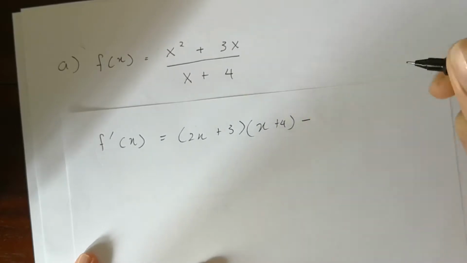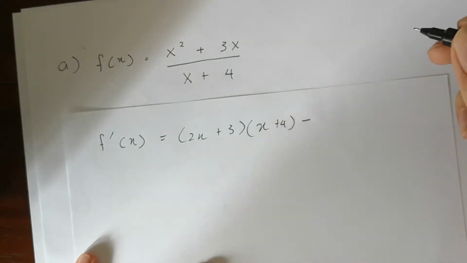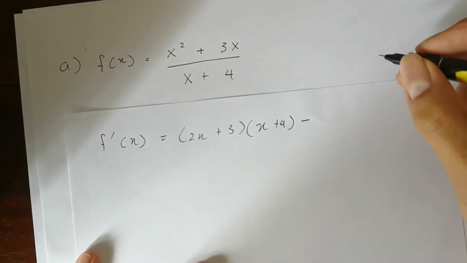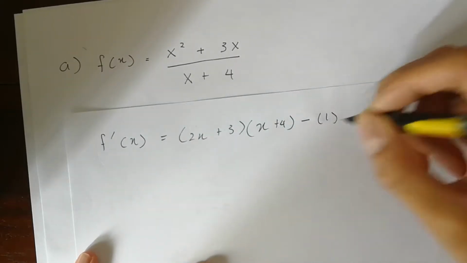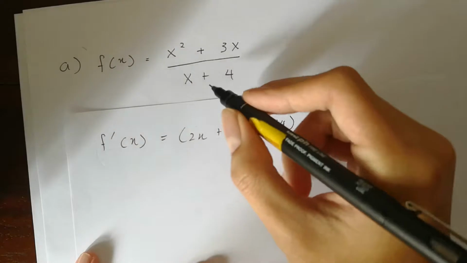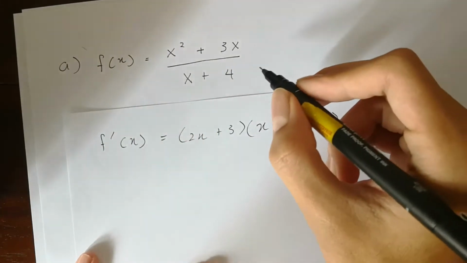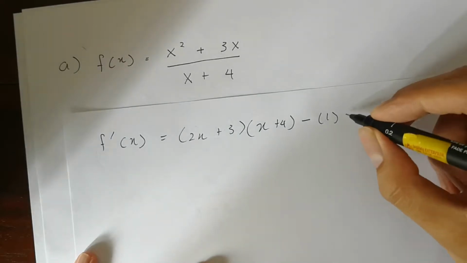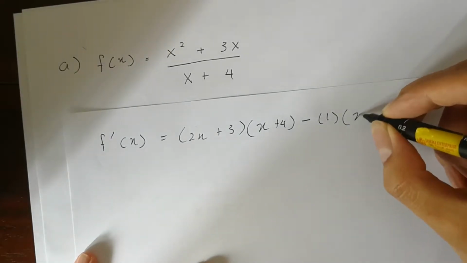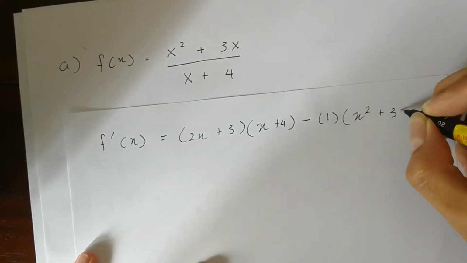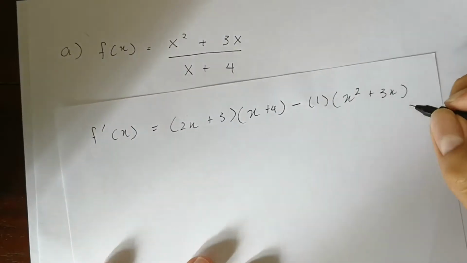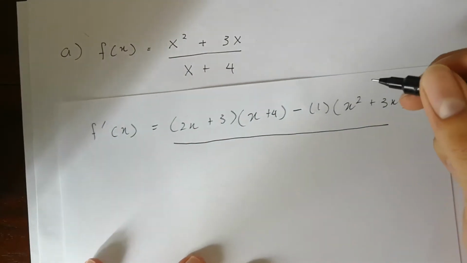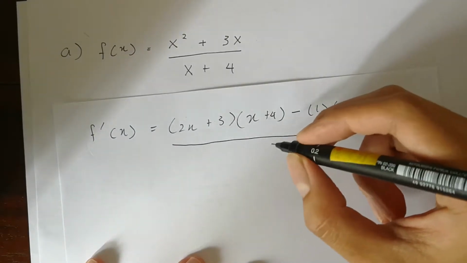Then minus the derivative of the denominator, x plus 4, which will just be 1, because the derivative of x is 1 and the derivative of 4 is 0, and it's times the numerator, which is x squared plus 3x. This will then be divided by the square of x plus 4.